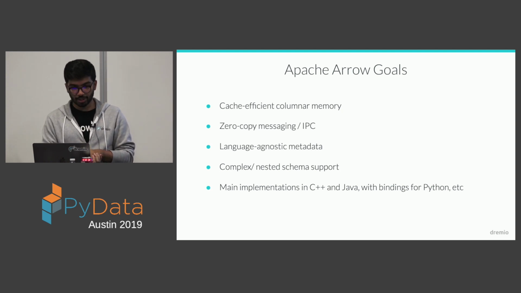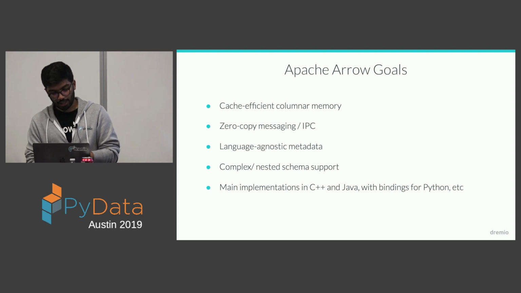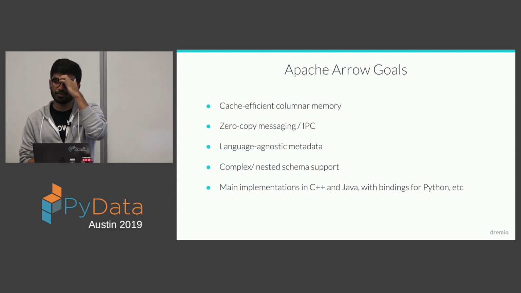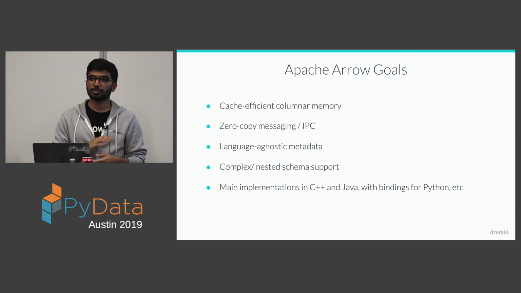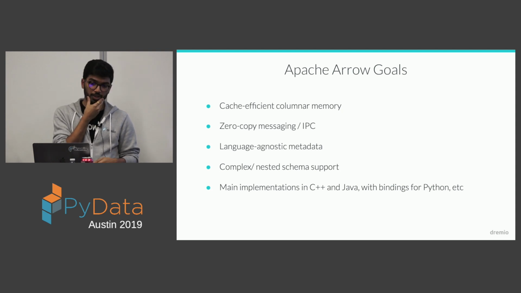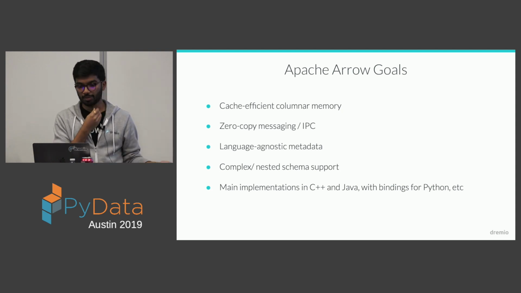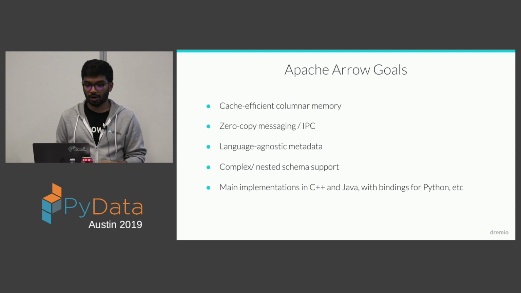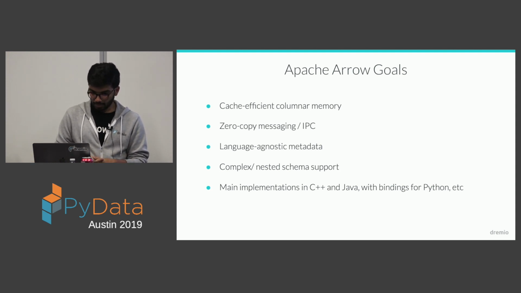And it's built to work with modern hardware in the sense that once you define the format, and if it's columnar, you can use SIMD instructions and all of that. It's also language agnostic. So a system written in C++ can talk to a system written in Python or an application written in Java, for example, right?